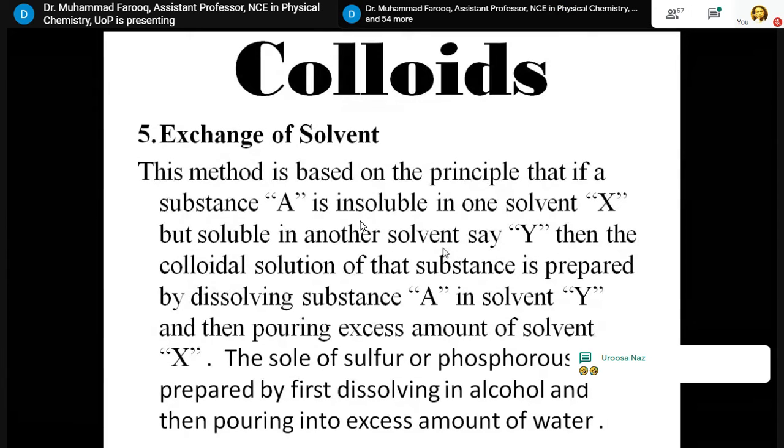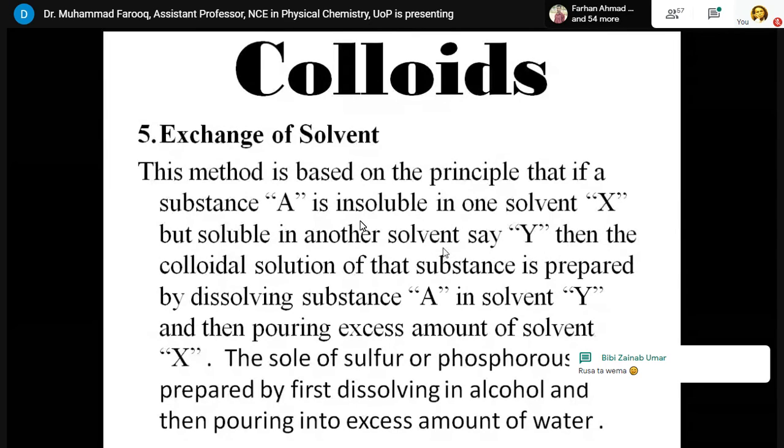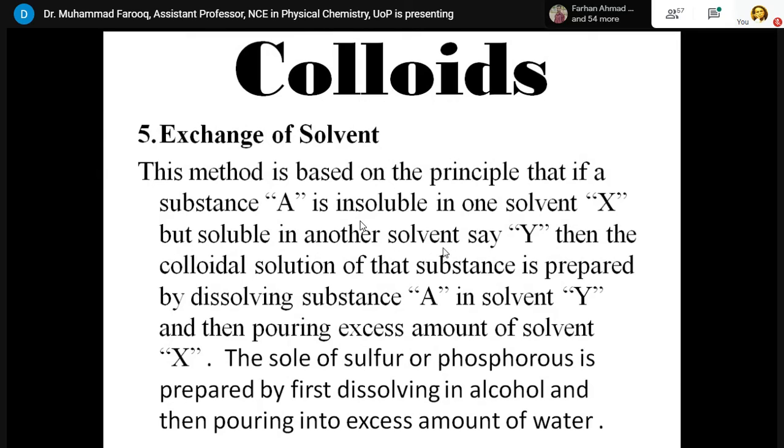The sol of sulfur or phosphorus is prepared by first dissolving it in alcohol and then pouring it into an excess amount of water. So if A is insoluble in X but soluble in Y, first we prepare the solution in the soluble one, and then we pour the solution into the insoluble one.